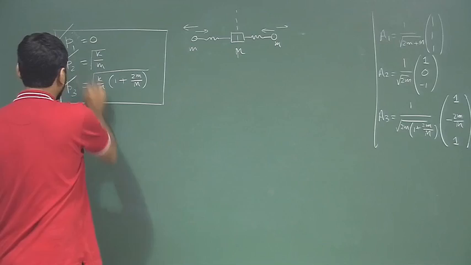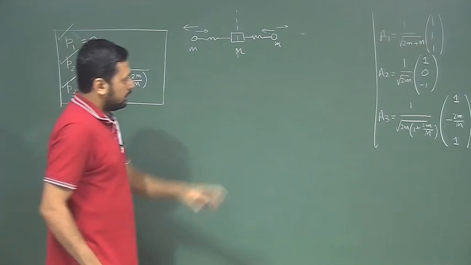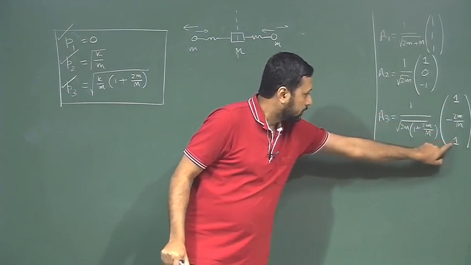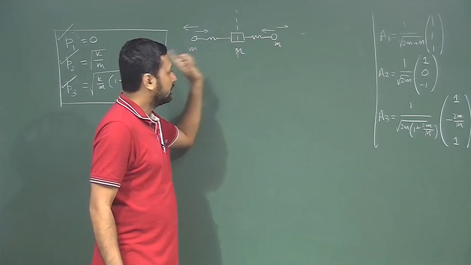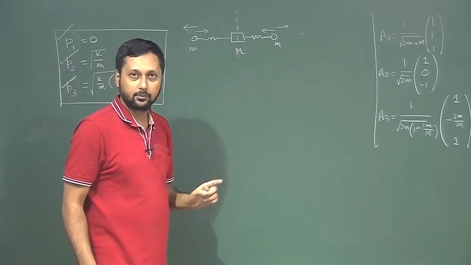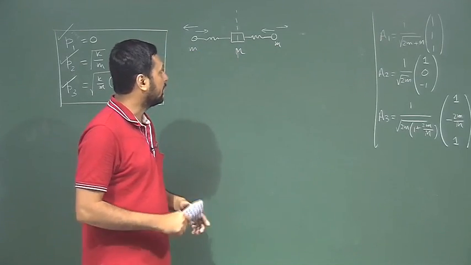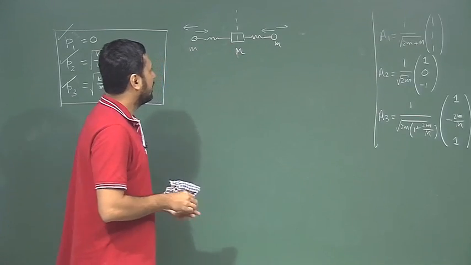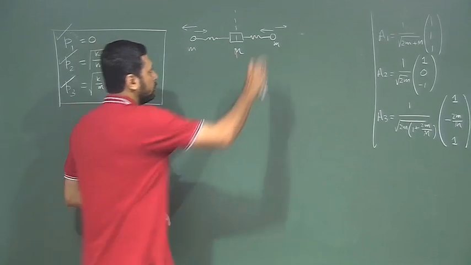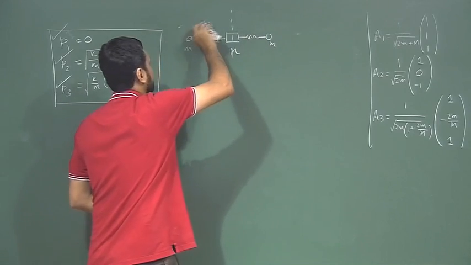Anyway, so this is one motion, and for the third motion, for this one, you see two atoms are moving in the same direction at a given instance of time, and the middle mass, what is it doing? It is going opposite with a scaled amplitude.